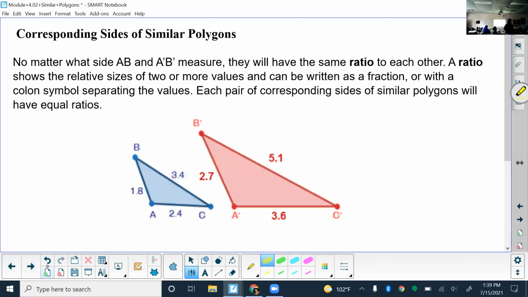Okay, so corresponding sides of similar polygons. No matter what sides AB and A prime B prime measure, they will have the same ratio to each other. A ratio shows the relative sizes of two or more values and can be written as a fraction with a colon symbol separating the values.